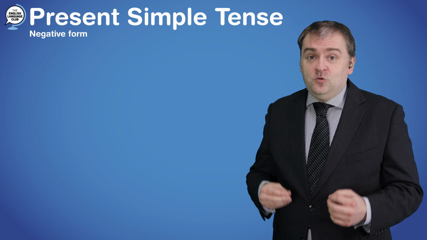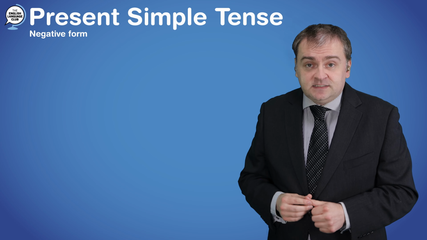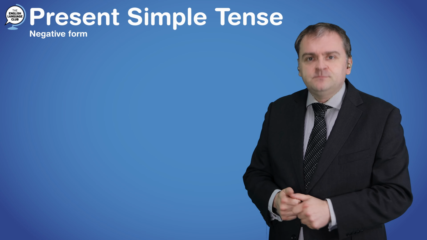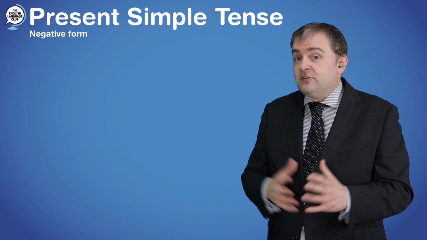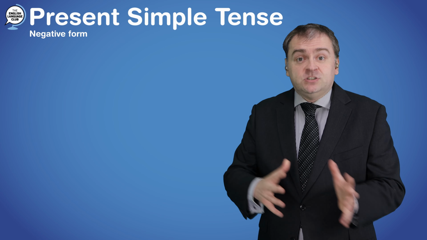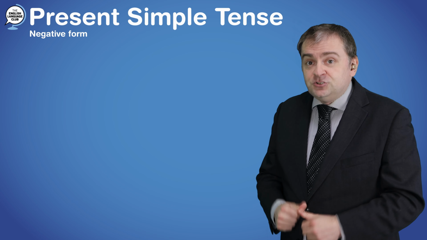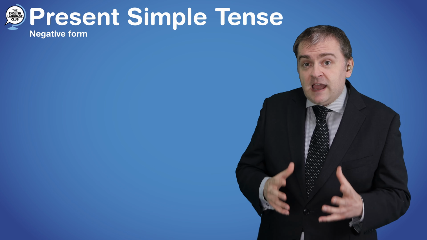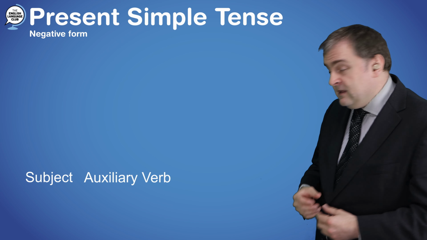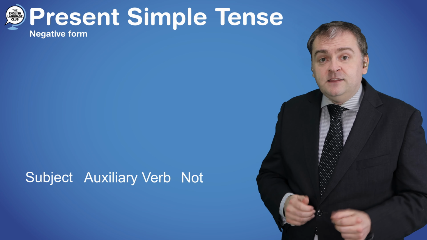So this is how we use the present simple tense with positive sentences. But what about with negative sentences and questions? Well, these forms are easier because they do follow the normal structure with auxiliary verbs, consistent with all other tenses. To make a negative sentence, we have the subject, the auxiliary verb, then the word not, then the main verb.